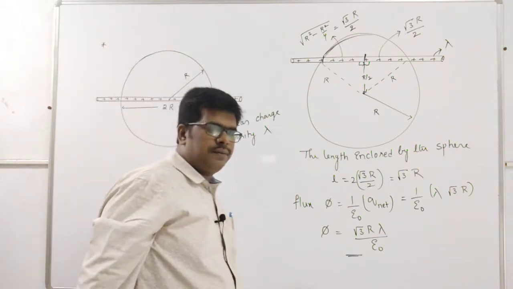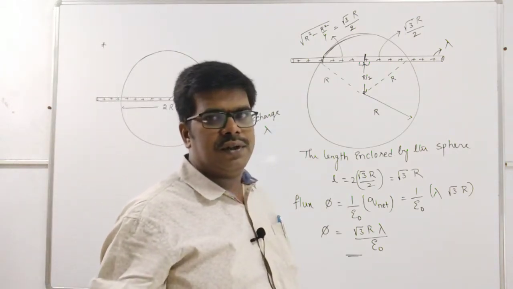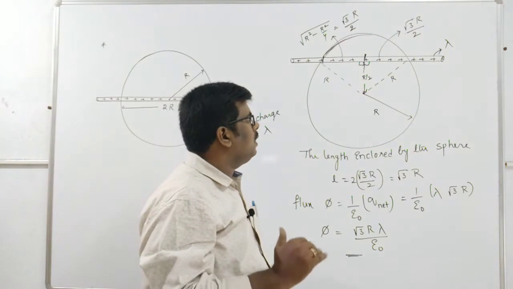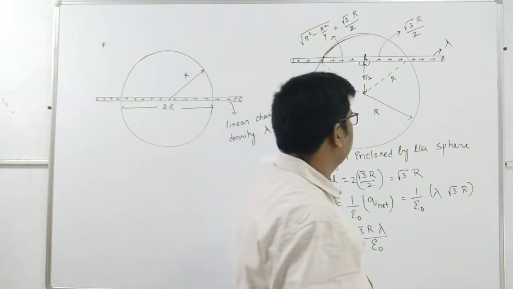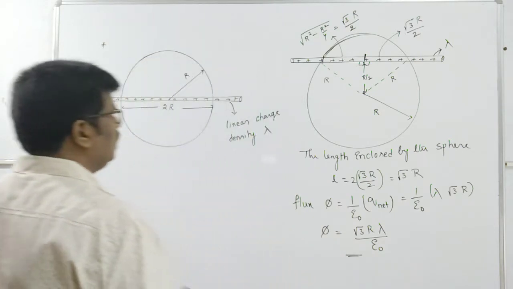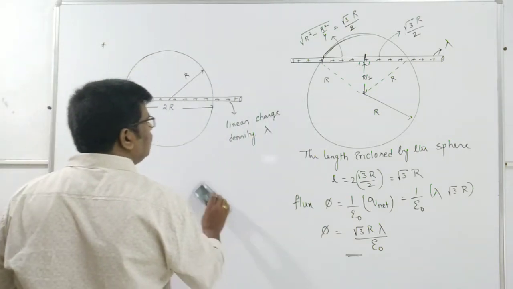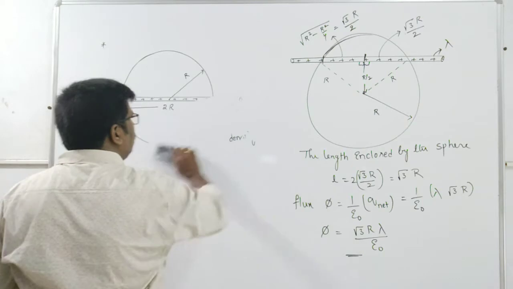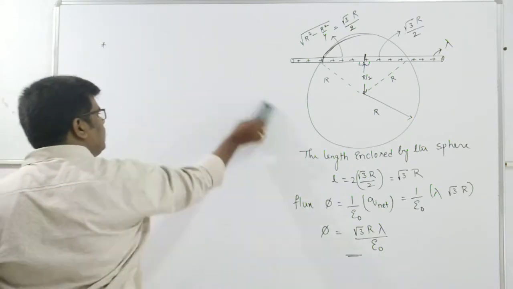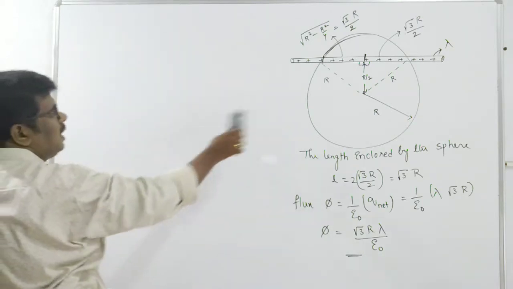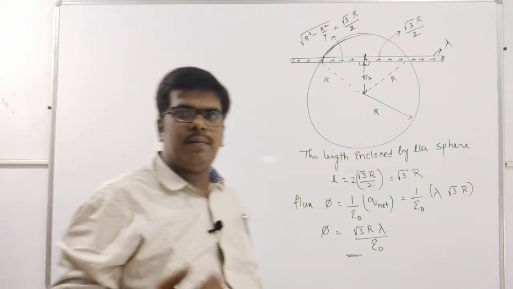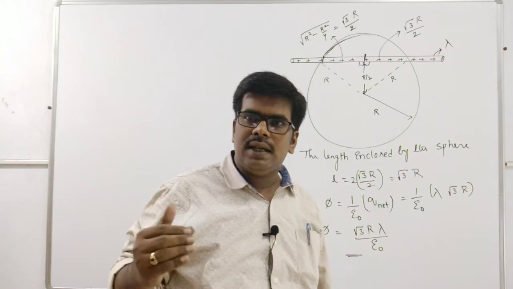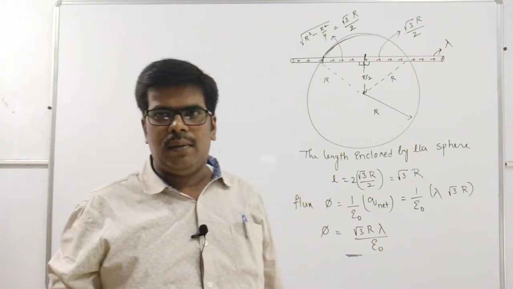Let us suppose we have one more situation like this. If a closed sphere is there, and instead of a linear conductor, a charged sheet is placed at a distance x or y from the center, we don't know exactly whether at r by 2 or r by 3.